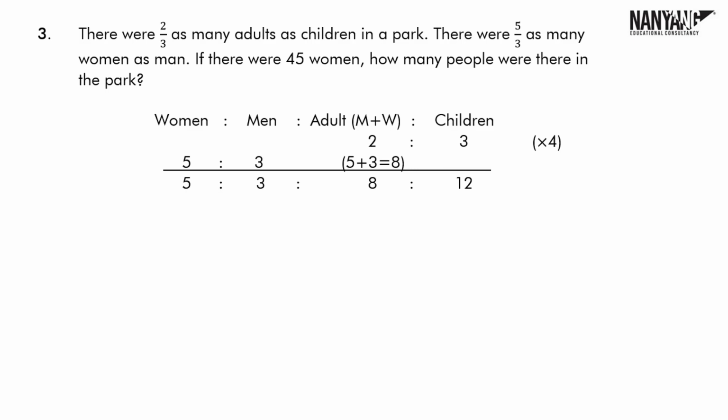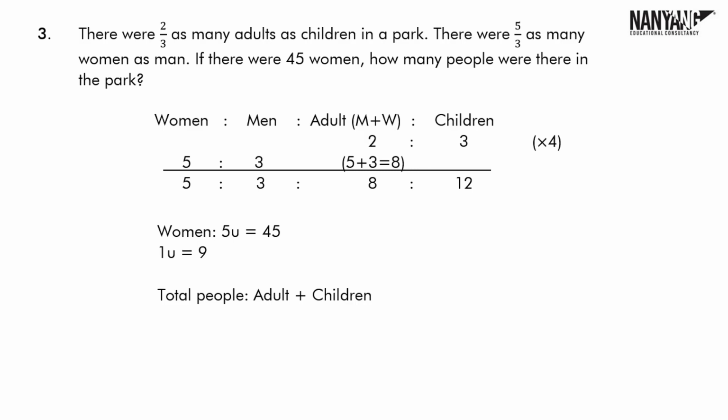Now the question tells us there were 45 women, and our table says there are 5 units of women. So we can equate this as 5 units equals 45. With that, we can find out that 1 unit equals 45 divided by 5, 9. Now the question asks how many people were there in the park. So the total number of people is actually adults plus children.